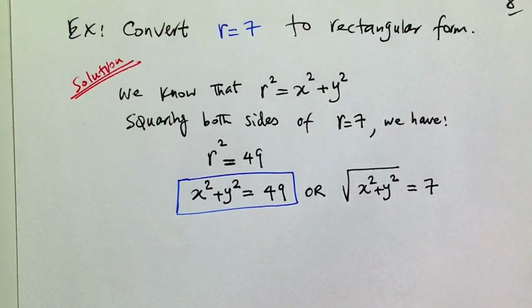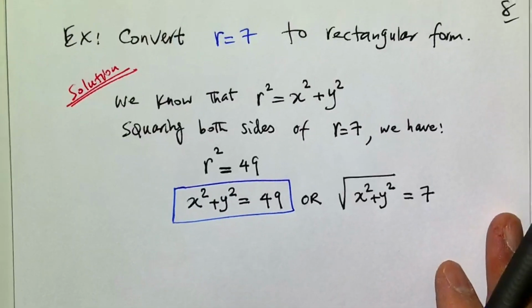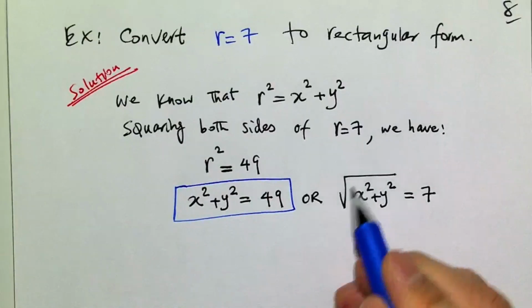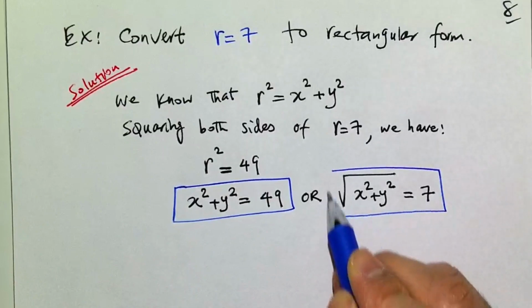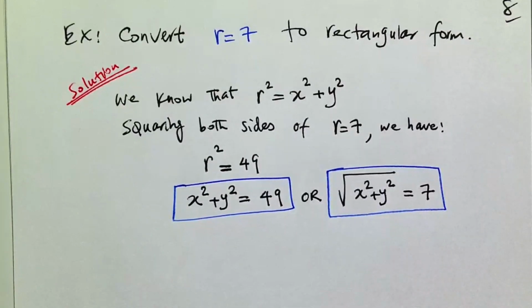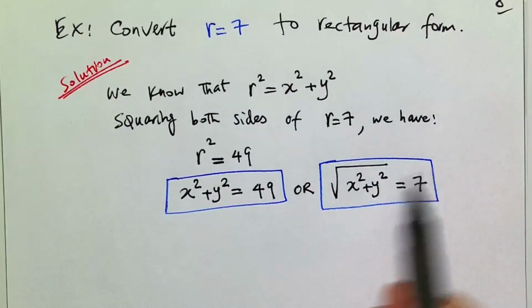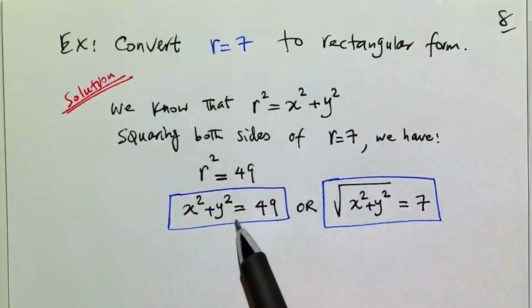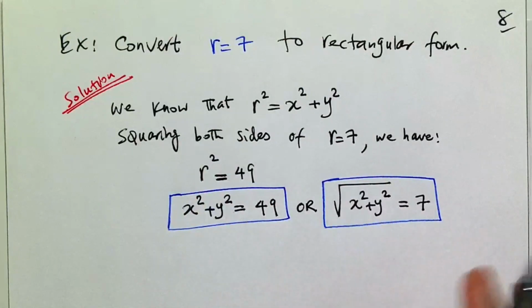Okay, so we're taking r as positive in this case. So either that or that should be fine. Okay, and this is the rectangular form of that. It looks different than that, but it's the same thing.